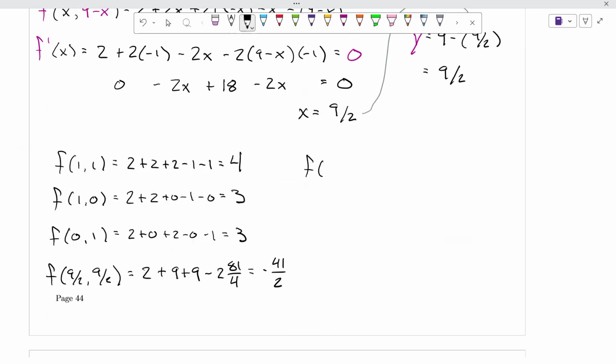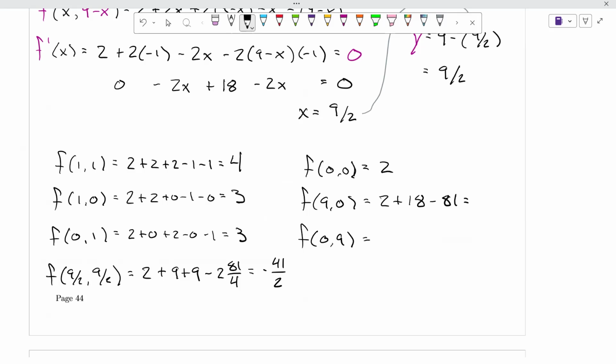F of my boundary points, 0, 0, 9, 0, and 0, 9. These ones look relatively easy. 2 plus 0 plus 0 minus 0 is 2. If I've got 9, 0, this will be 2 plus 18 minus 9 squared is 81.